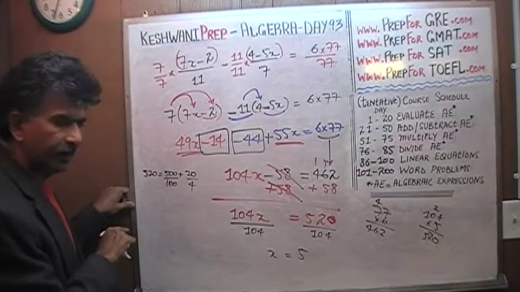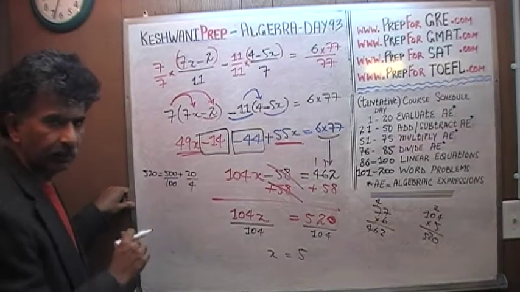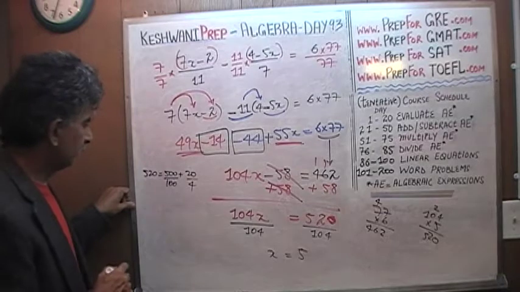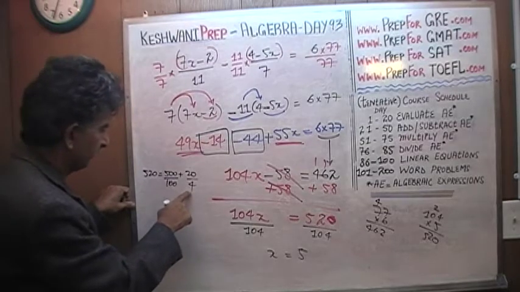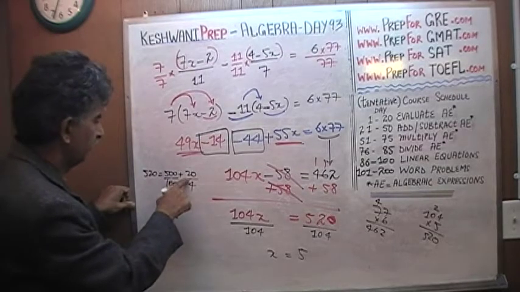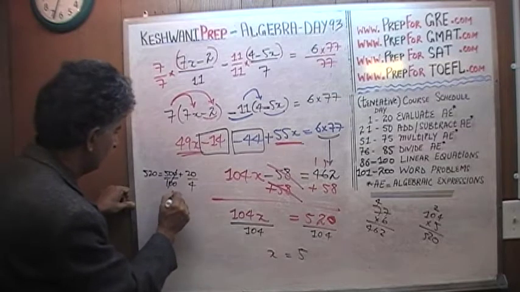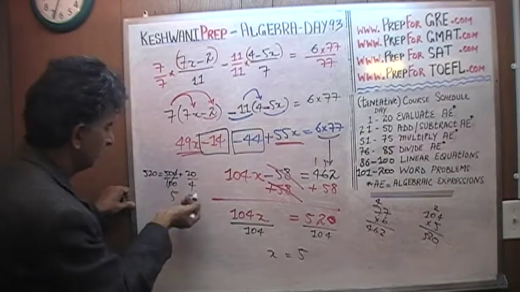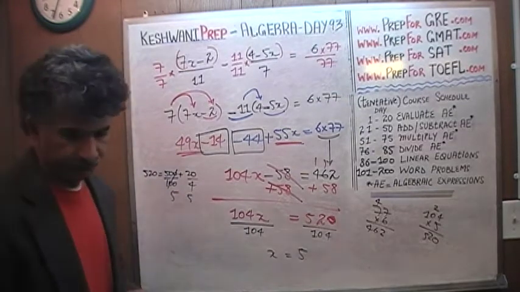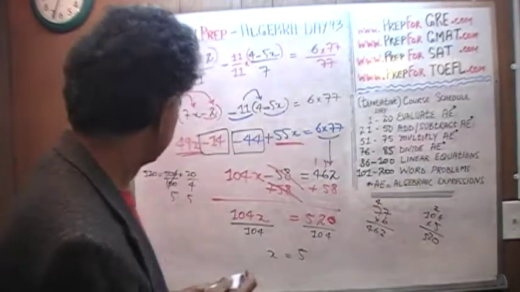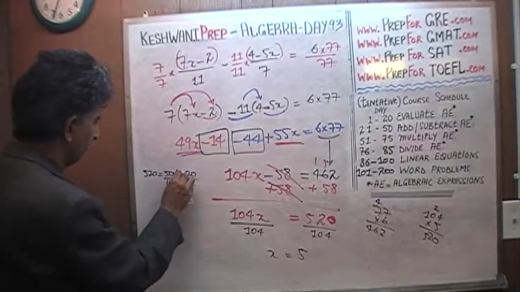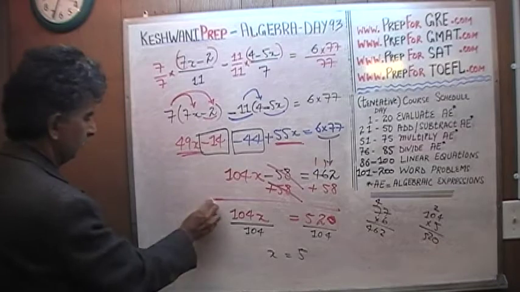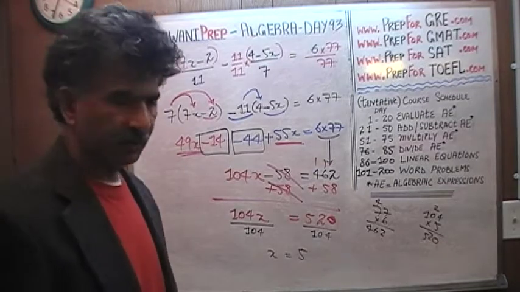We're breaking 100 and the remaining part separately. 104 is simply 100 plus 4, 520 is 500 plus 20. This gives us 5, and this gives us 5. So they're both 5s. I wasn't sure if this was helpful. I shouldn't have done that, because I think that probably confused you more.